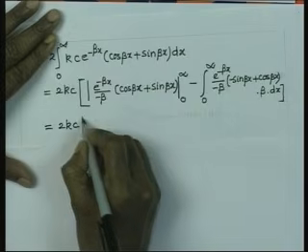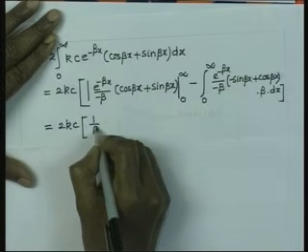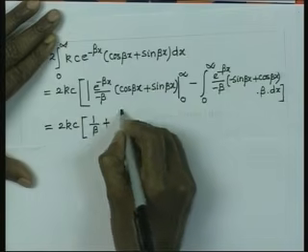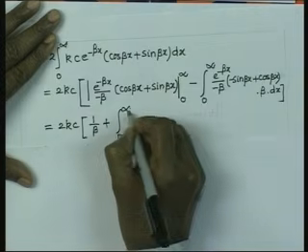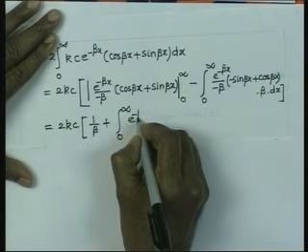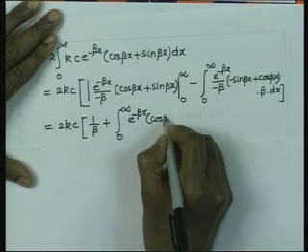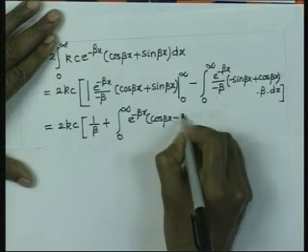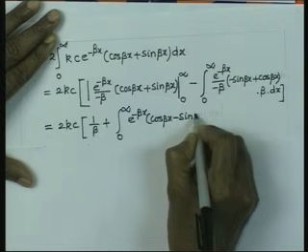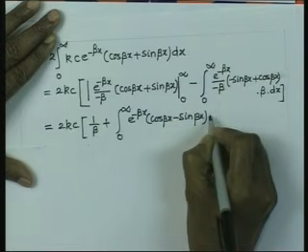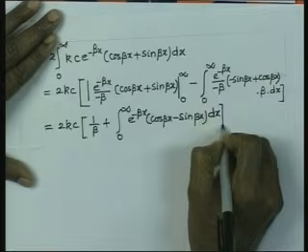So, this finally becomes 1 by beta integral 0 to infinity minus e to the power beta x cosine beta x minus sin beta x into dx.